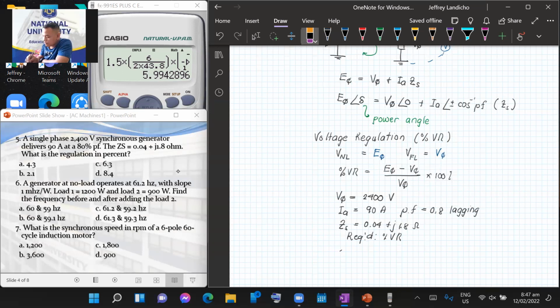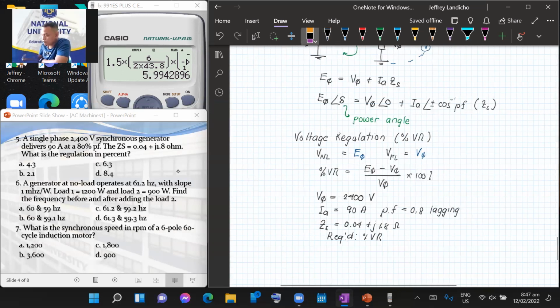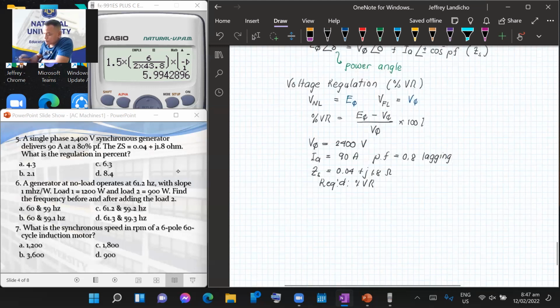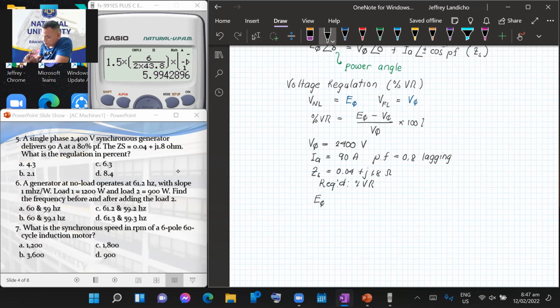Next, solving for the internal voltage. The terminal voltage per phase, what value? 2,400, which is the reference, angle 0. Plus the armature current, given the magnitude 90, what will be the angle?